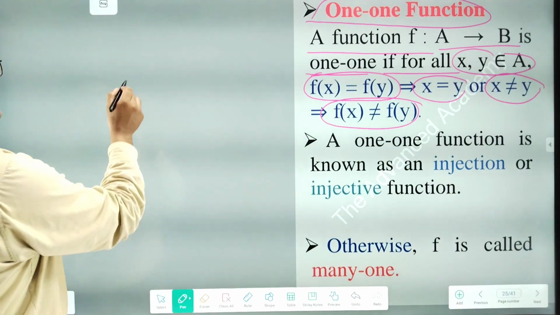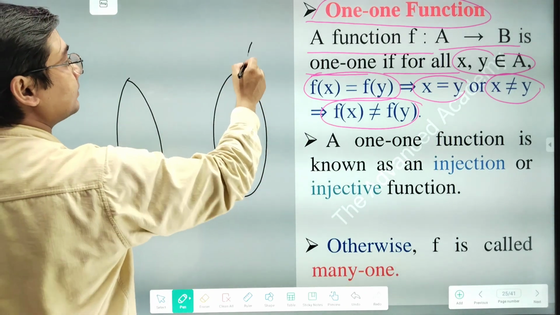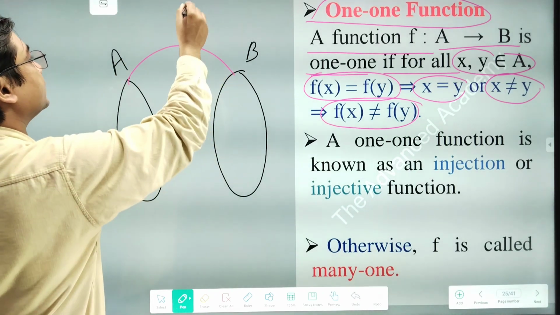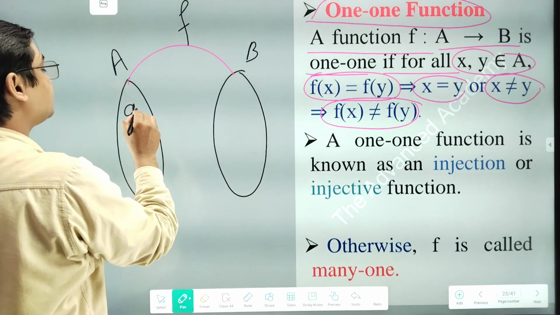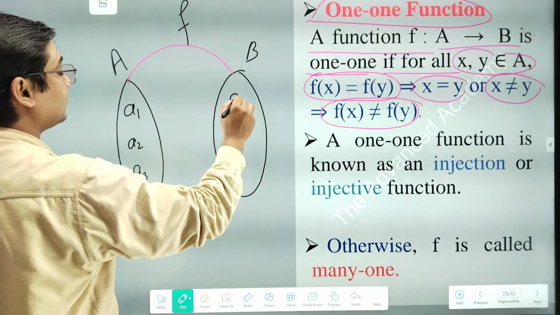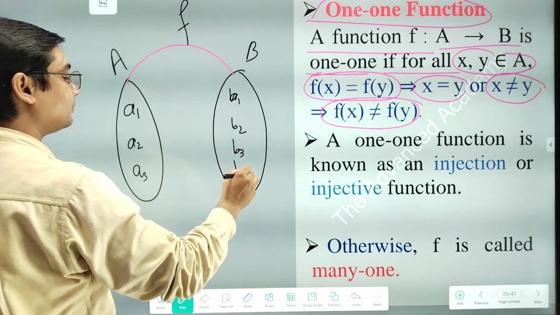That means you see here, suppose we consider a function f from set A to B, and there are a few elements b1, b2, b3, b4.